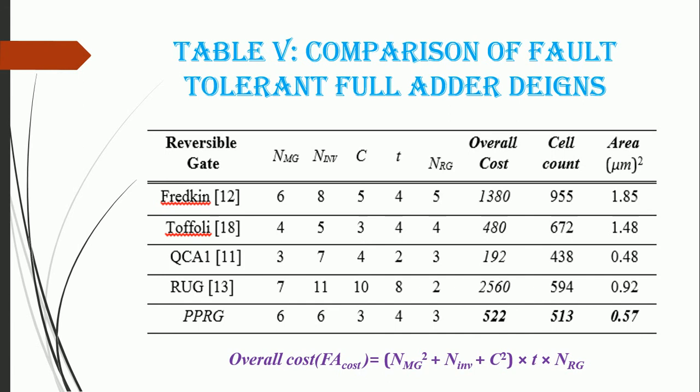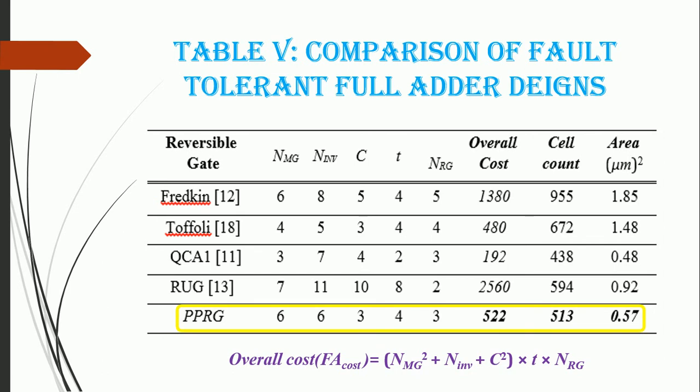It is compared with respect to Fredkin, Toffoli gates, QCA1 and RUG gates. As you can see, overall cost is calculated by using this formula, where N of mg means number of majority gates, N of inverter means number of inverters, C means number of crossovers, T means delay, and N of RG means number of utilized reversible gates.